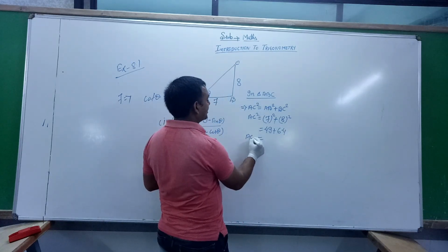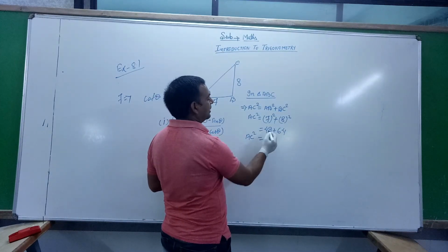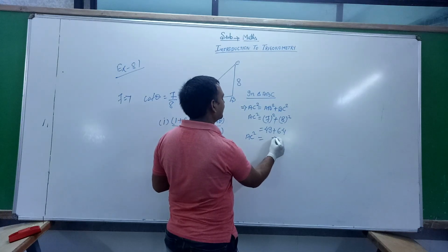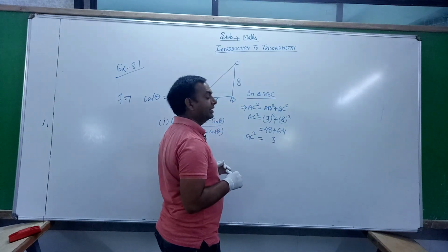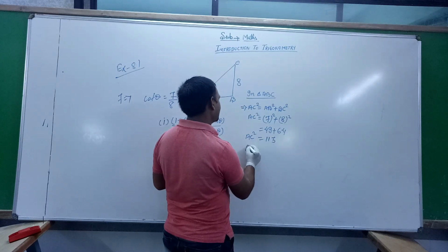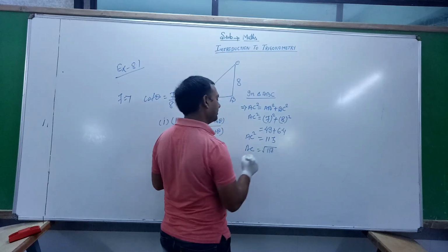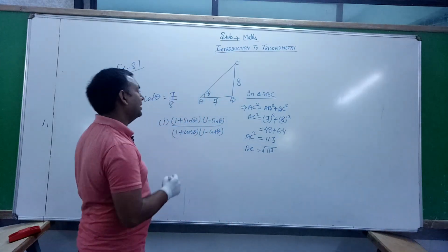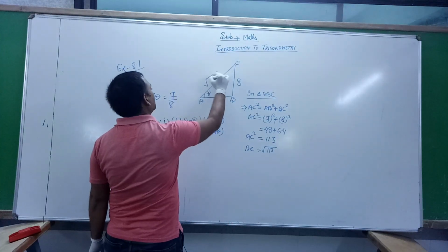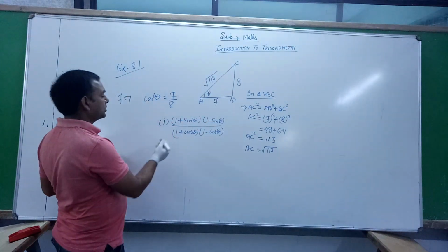Then AC square is 113, so AC is equal to under root 113. This is the value of the hypotenuse. After that you solve the question.